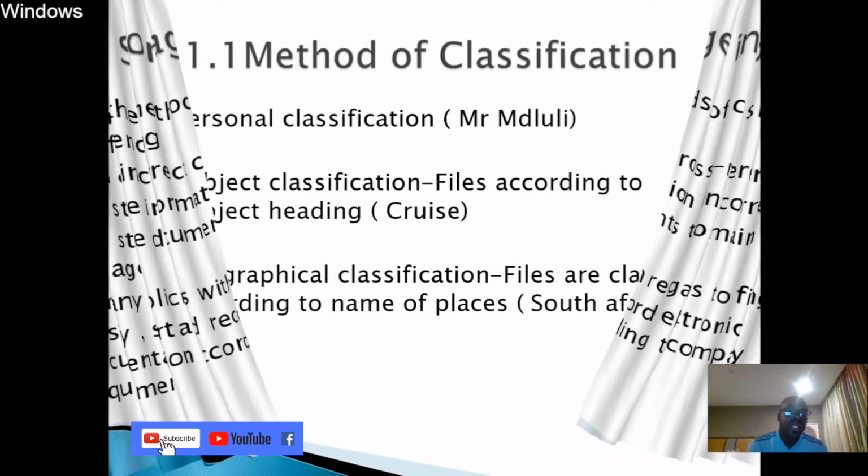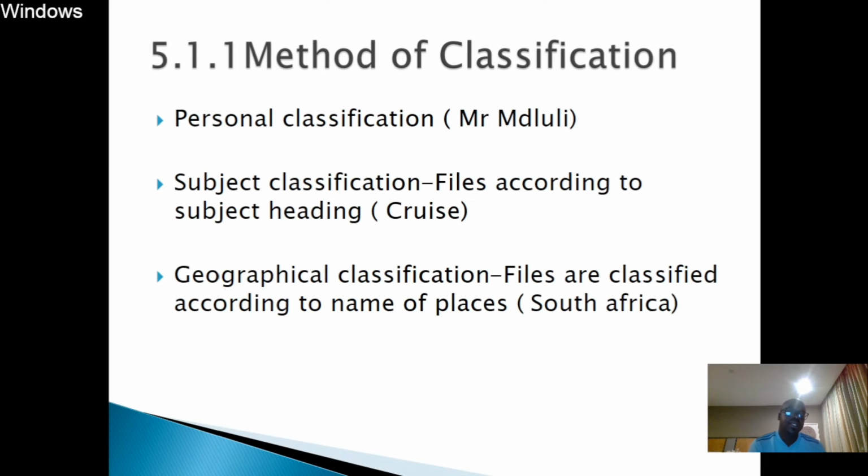First of all, we need to look at the classification of information. Information is going to be classified in 3 ways: personal classification, subject classification, and geographical classification.